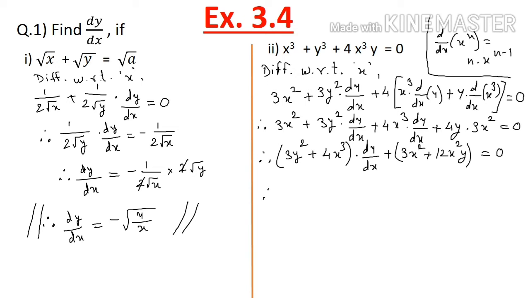So let us first take 3x² + 12x²y on RHS.